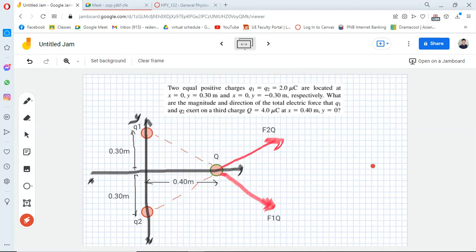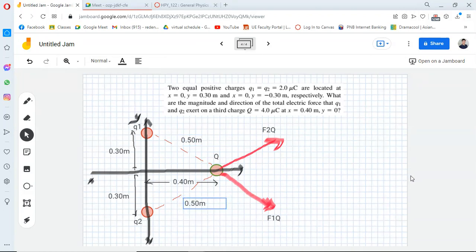So, you have here 0.30, 0.40. This is the hypotenuse. So that is around 0.50 meters actually. Yan ang distance na kailangan mong gamitin sa Coulomb's law.